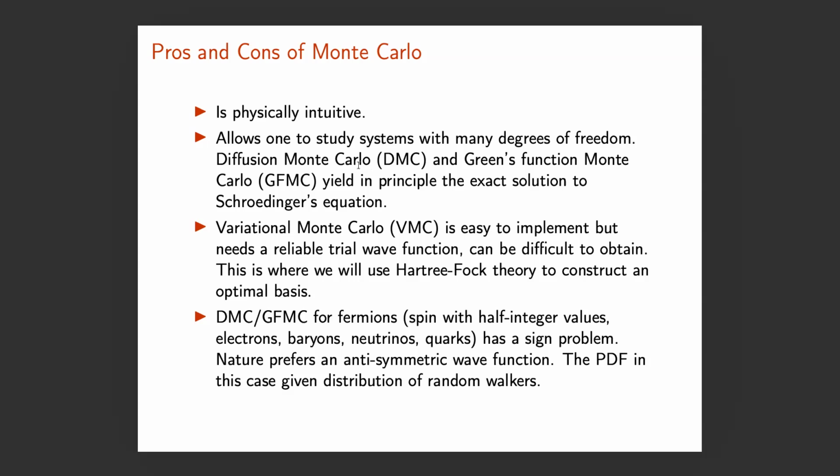However, diffusion Monte Carlo for fermionic systems suffers from something called the Monte Carlo sign problem. Just to explain what diffusion Monte Carlo is in a few words: are you familiar with the diffusion equation, roughly? If you take Schrödinger's equation and rotate time into complex time, then Schrödinger's equation becomes a diffusion equation in complex time.